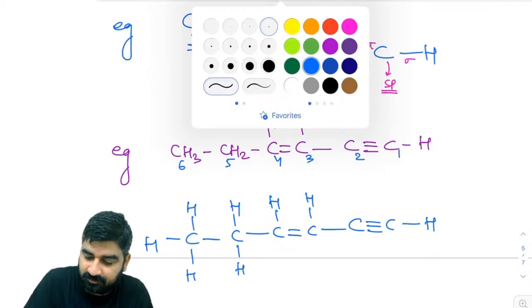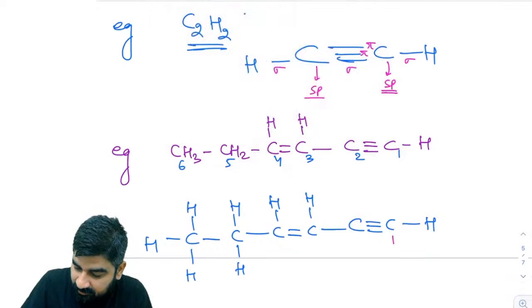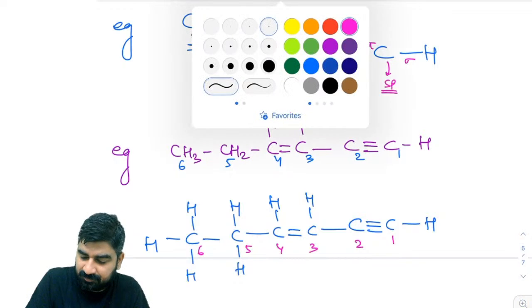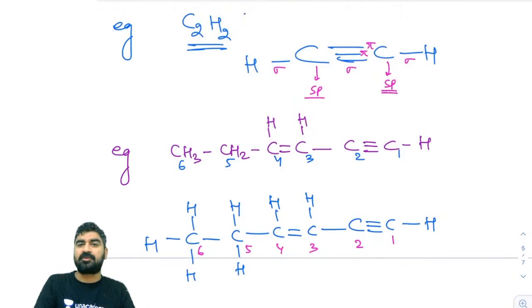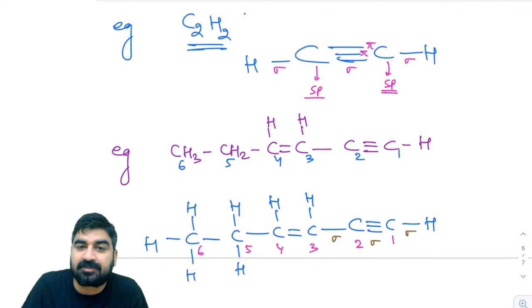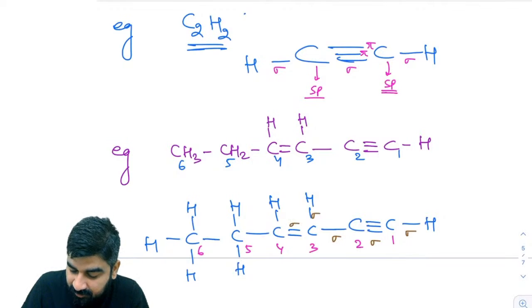Yes. 1, 2, 3, 6. Got it? So now count the sigma bonds. Easily you can do. For this carbon, if you look carefully, guys, we have 1 sigma, 1 sigma. So only 2 sigma. And this is also making 2 sigma. And this carbon is making 3 sigma.